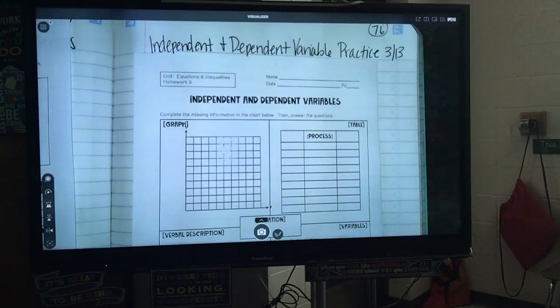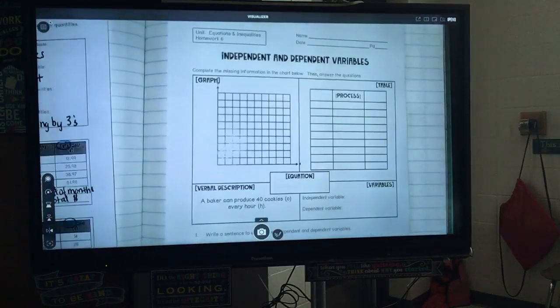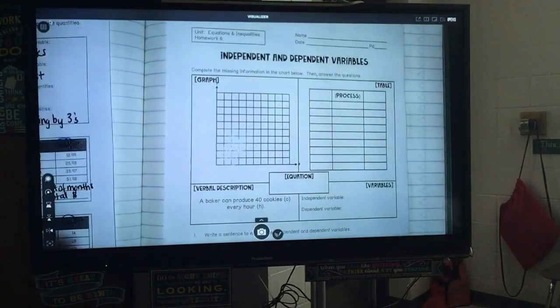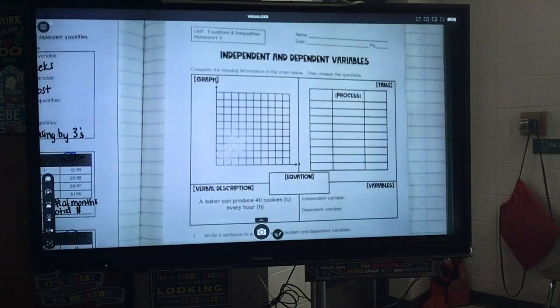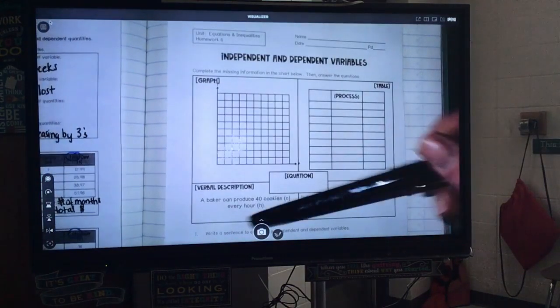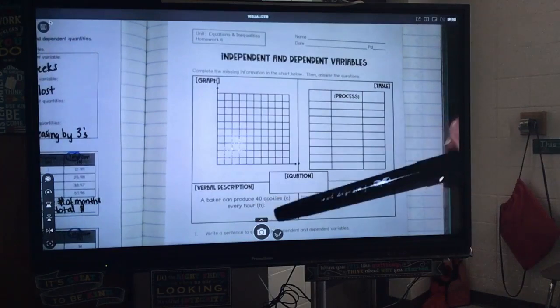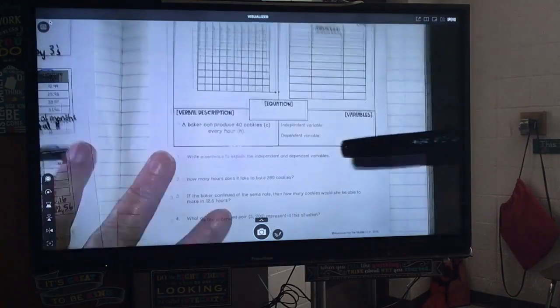Alright, you are going to be using the paper that we just all did together to help you answer and fill out this paper. I am going to help you a little bit to make sure that you understand enough to do this. We are using the description right here. Look in the middle of your page where it says verbal description.